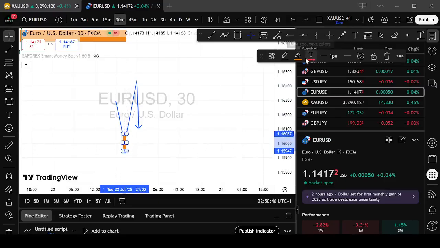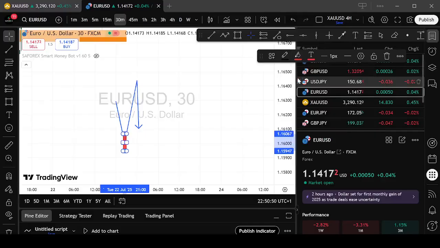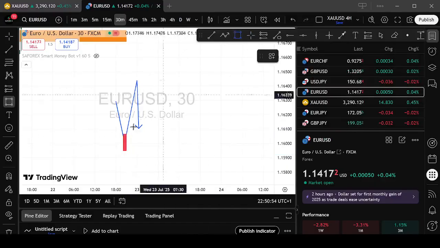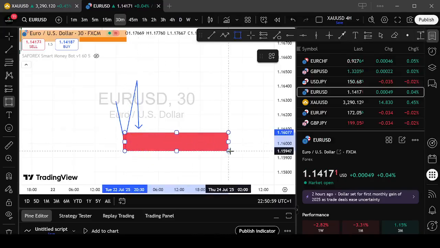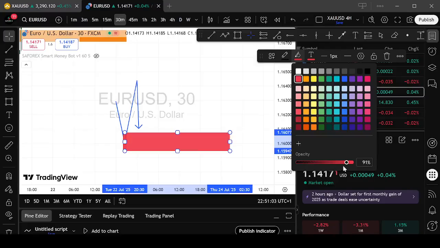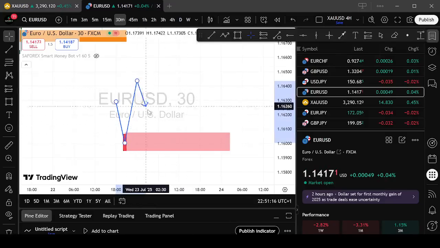Let me change the color to red. The last red candle like this, we'll just box it out like this, and expect that price will come back. If not fully inside, price will come and tap into it to continue to the upside. So we'll mark it out, and if price is here, we're waiting for price to come back here.